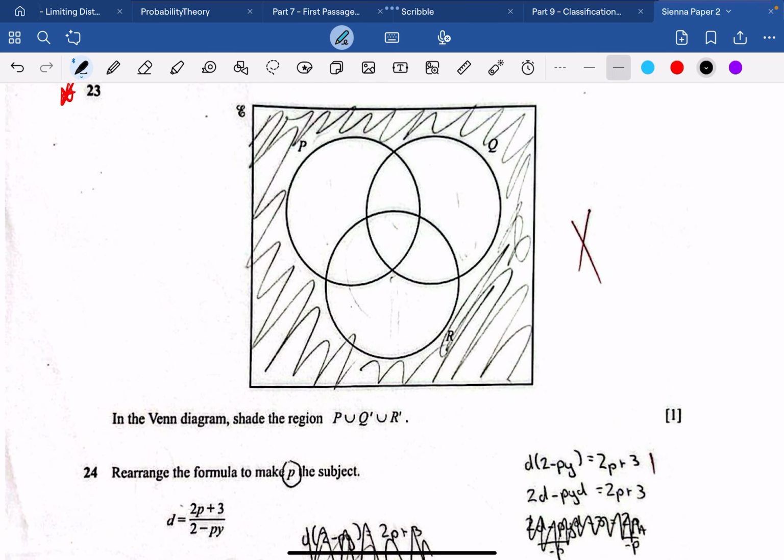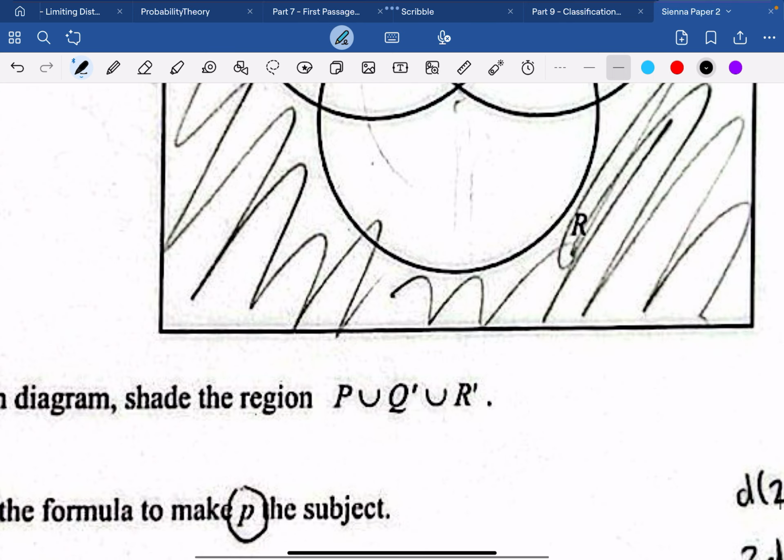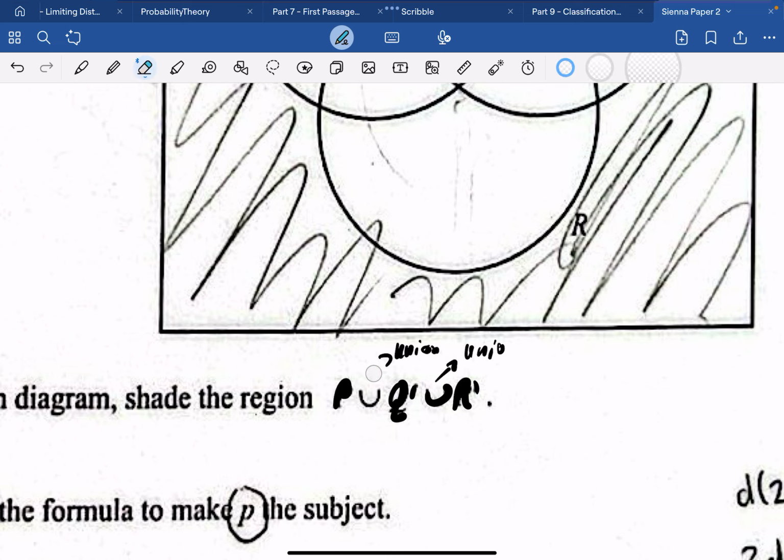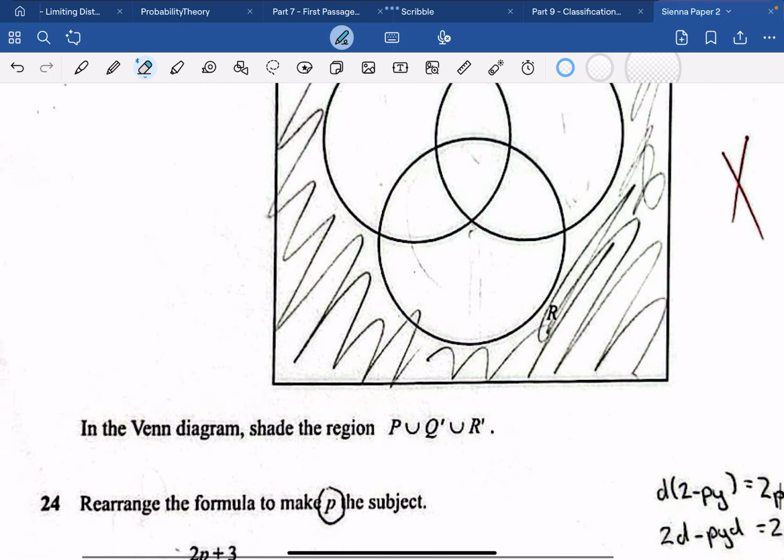In the diagram, shade the region P or not Q or not R. So union, right? Union, union. Okay. So now let's make life easier.